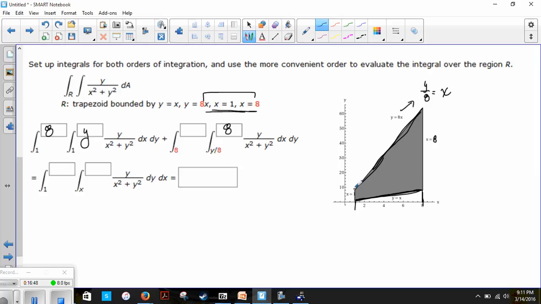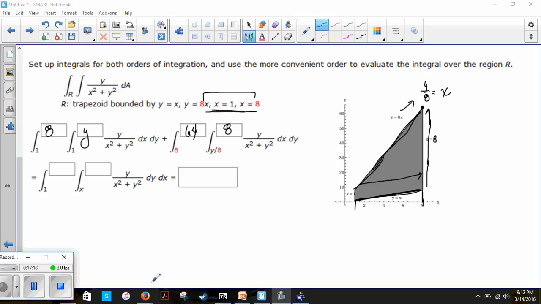So we're going from this one to this. And then we have the 8 that we're working with, but we're heading up to a number. So we're going to have 8 up to wherever we peak out up here, which is at the 8x. So this guy is going to have to be a 64. Not nice. 2 double integrals.